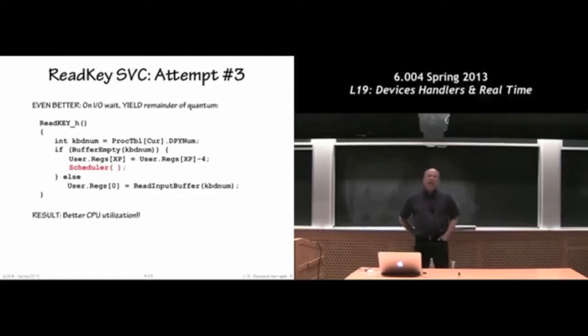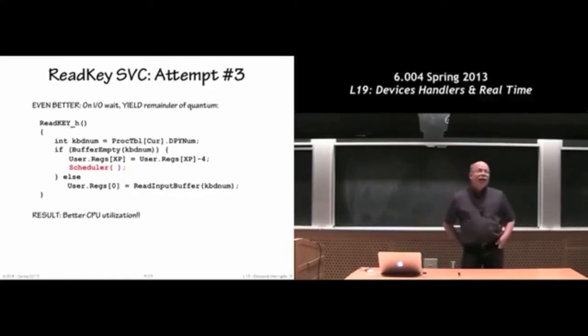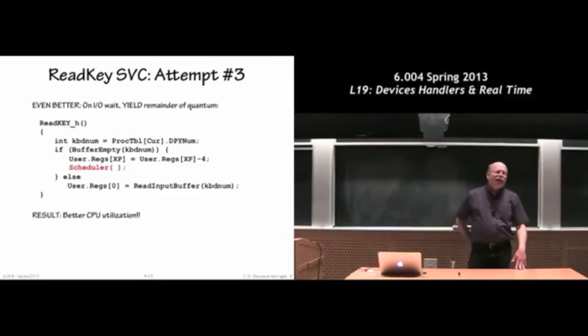But there's still some inefficiency here. There's still this notion that I'm getting back to you. The kernel gets around to rescheduling the program that's doing the read key. And it's a little funny because the kernel certainly would be able to tell whether there was a character. So if we knew what the process was waiting for, we wouldn't bother rerunning it until whatever it was waiting for had actually happened.